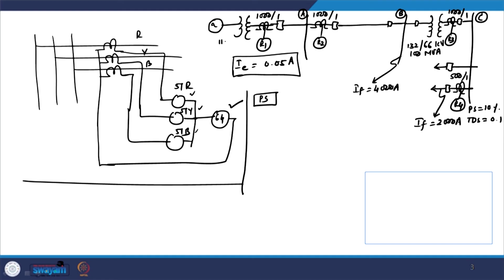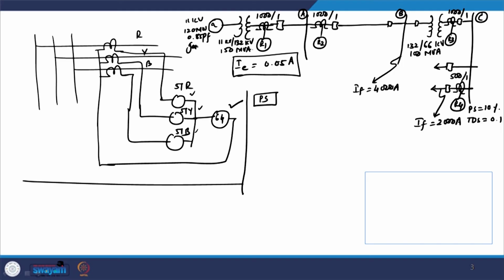This is 11 kV by 132 kV and its rating is 150 MVA. It is basically a generator transformer connected with the generator, and this generator is also 11 kV and its rating is 120 megawatt at 0.85 power factor. This is your generator.